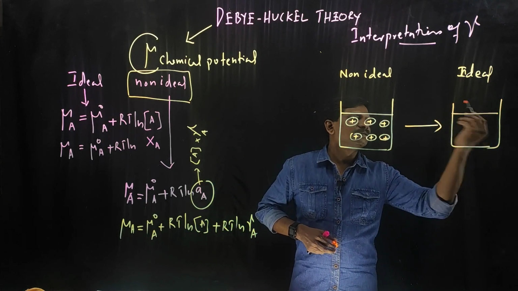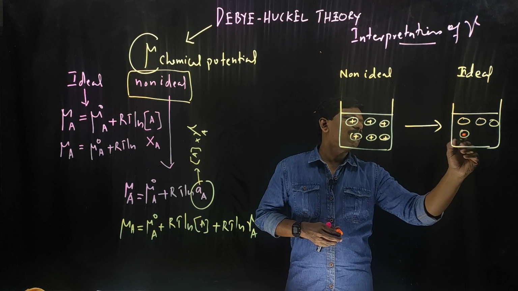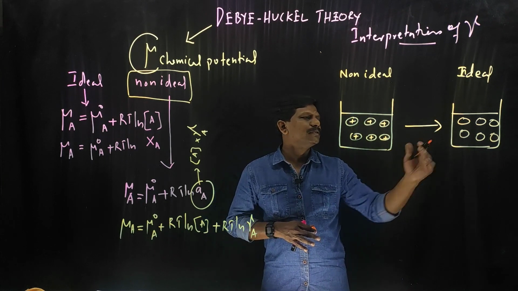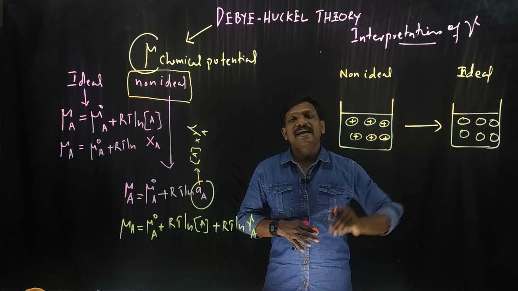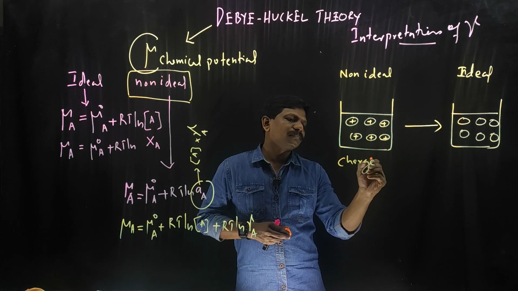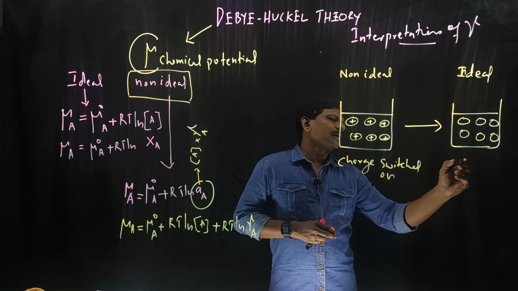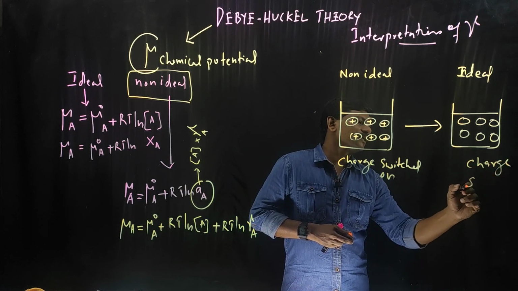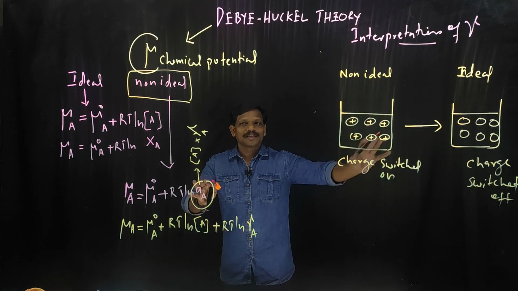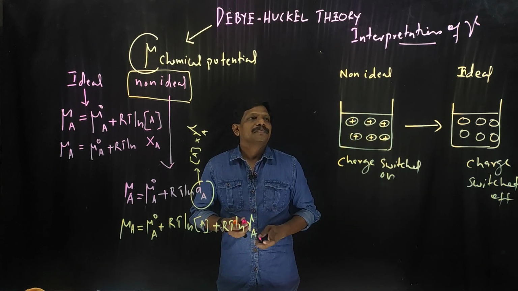The beaker consists of the same number of ions. It's not in order, I'm just drawing like this for my convenience. You can see that charge is absent here. You can write that charge is switched on here, and here the charge is switched off. That is why I am telling that it's a hypothetical condition. So this is non-ideal and that is the ideal condition.